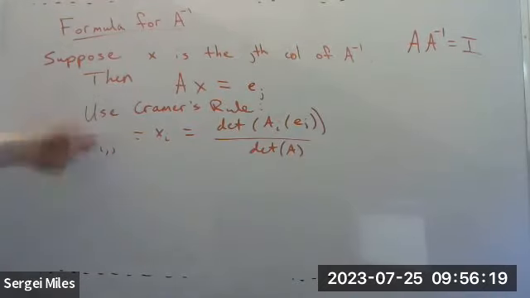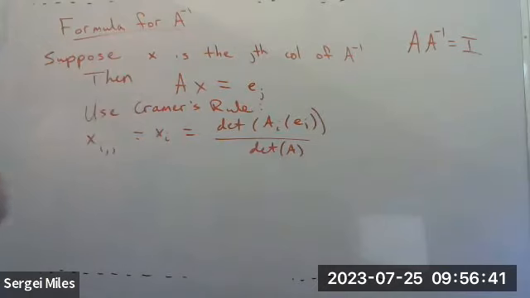This can fill in our entry using Cramer's rule. Okay, so this is nice. We can use this to find the inverse matrix. In practice, sometimes this method can be more computationally heavy. It might take a little bit longer to find the inverse with this methodology, but it can work. This is one application of Cramer's rule.